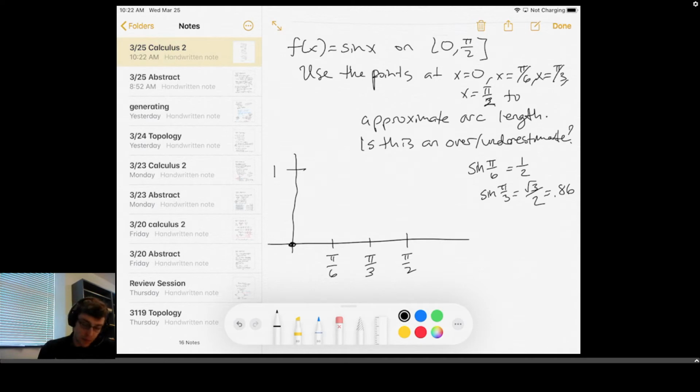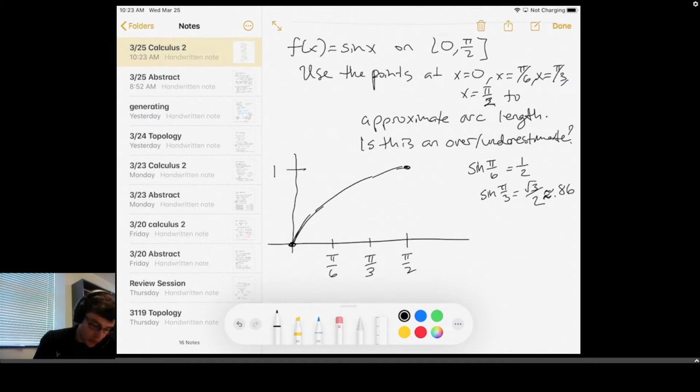I'll definitely put an approximately there. I don't know it off the top of my head, but it's much closer to 1 than it is to 0.5. And so if I draw my curve, I want this to go through roughly 1/2. Cool.